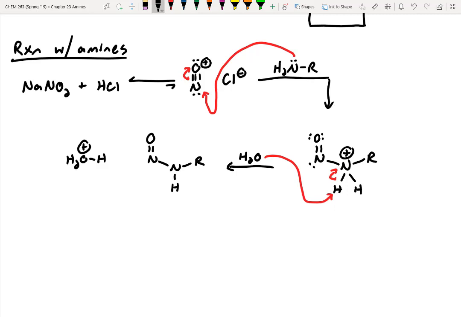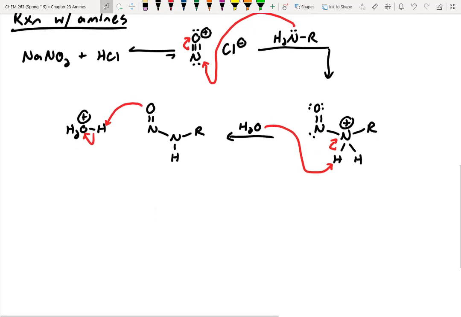In the next step, what we're going to do is protonate that carbonyl, or I shouldn't even say carbonyl, that nitrogen-oxygen bond. So really this is just a proton transfer like we've gotten used to seeing.